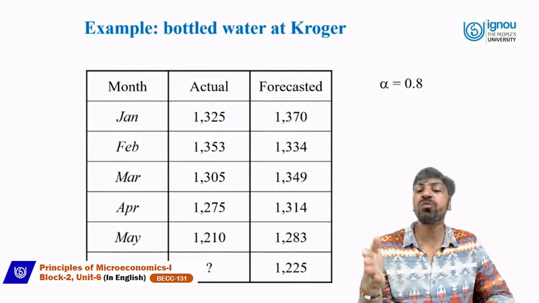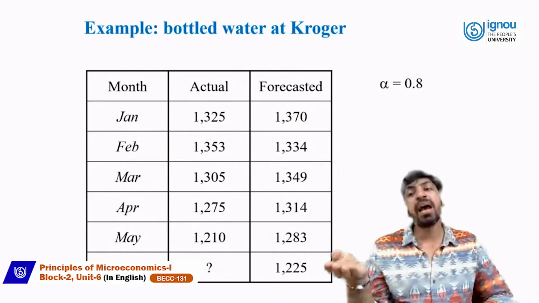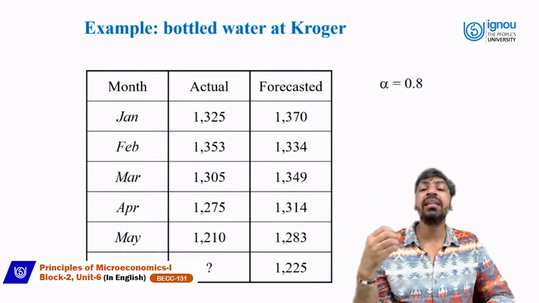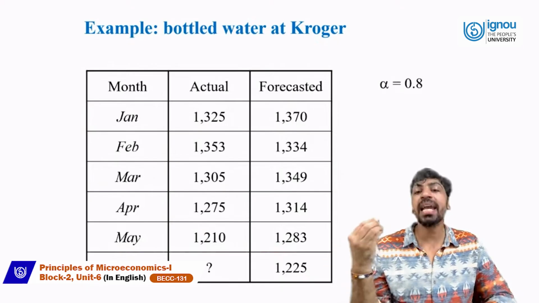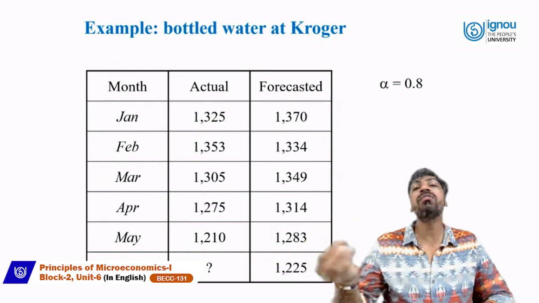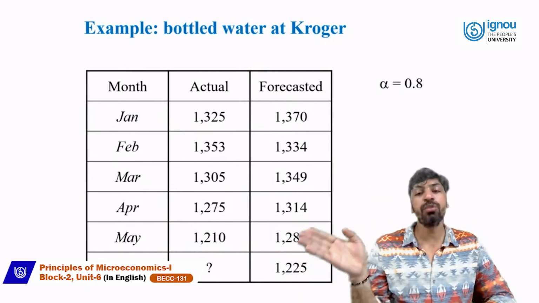If you check the forecasted value of all the months, there are huge differences. That means if the alpha value is high, there is a higher reaction to the differences of the forecasted value of all the months, January to June.